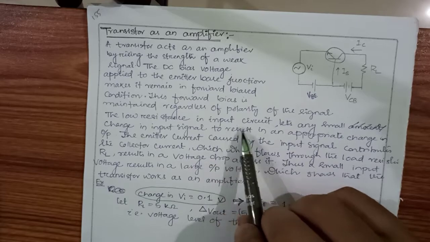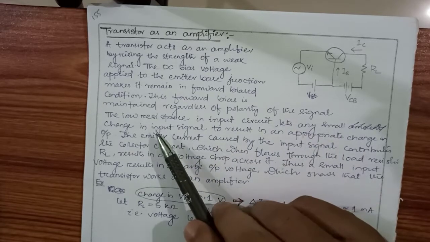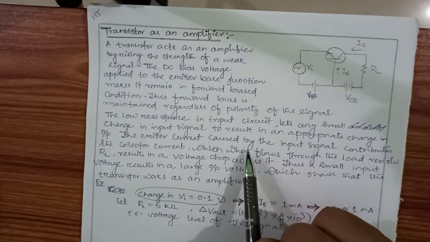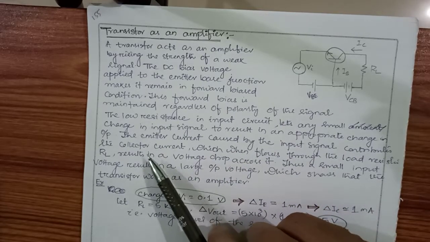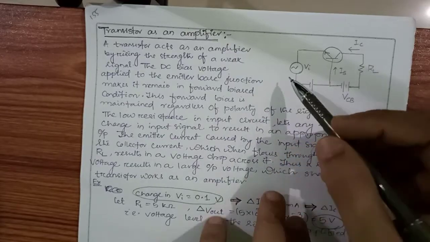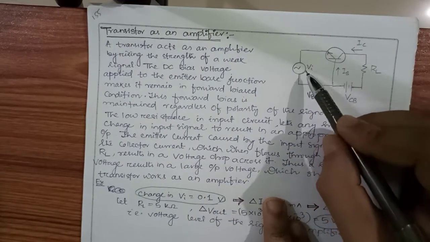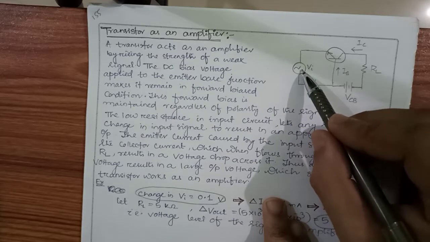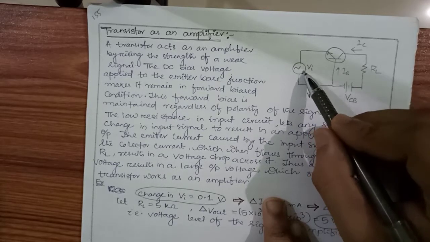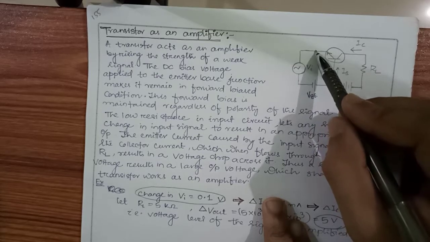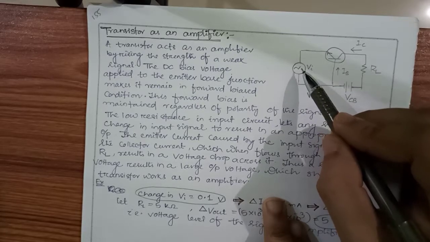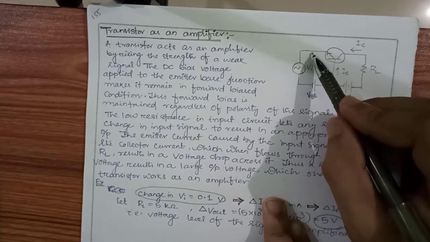The low resistance at the input circuit lets any small change in input signal result in an appropriate change in the output. The emitter current caused by the input signal contributes to the collector current. As I make a small change in Vi at my input side, the emitter current IE will change.